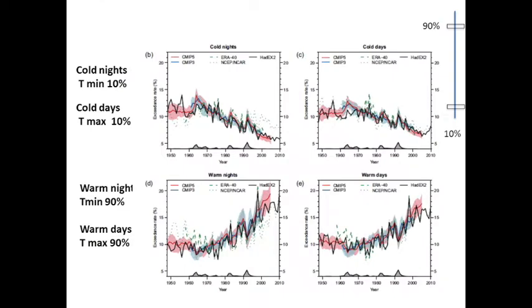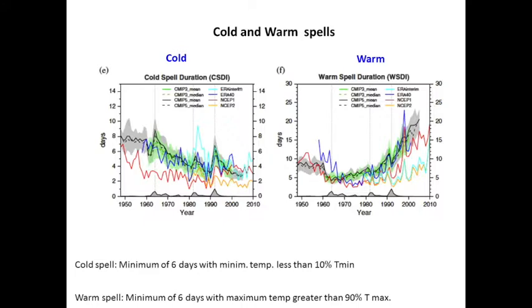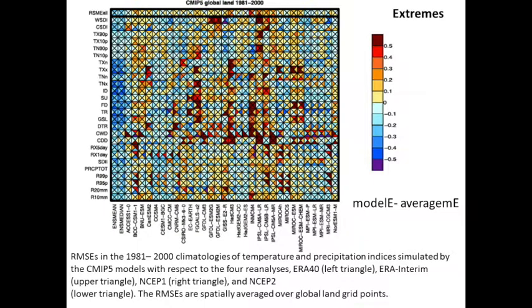And here cold nights and warm nights. And cold nights are decreasing and warm nights are increasing. So this is comparison with the observations. And also cold and warm spells. Well, I'll go a little bit fast now because maybe this is the last of verification or evaluation.